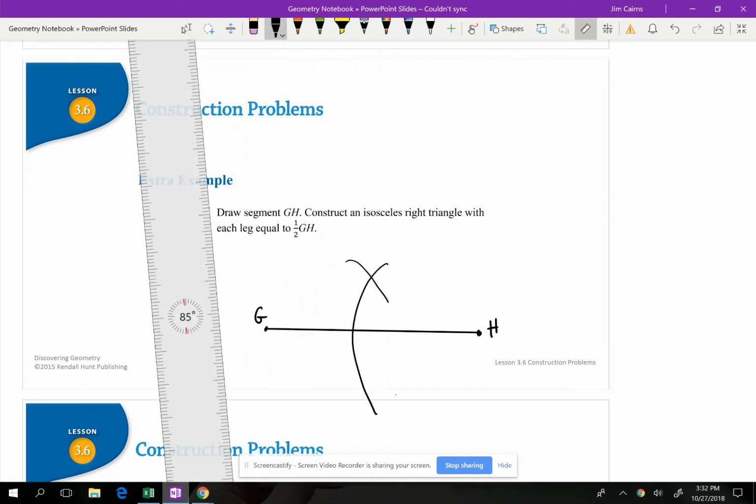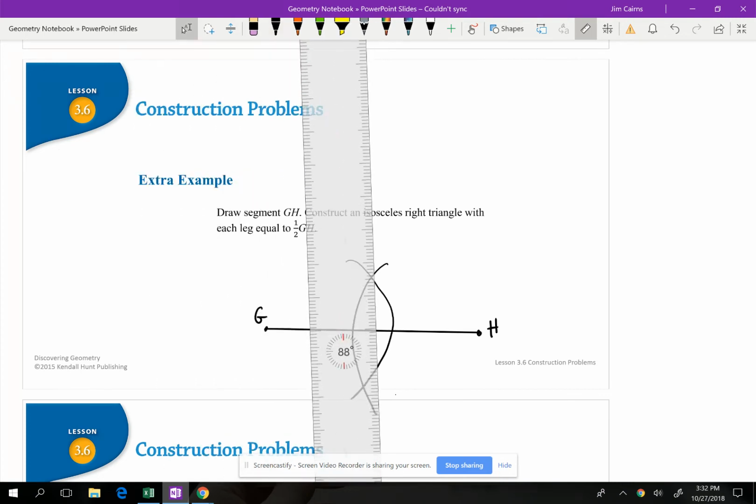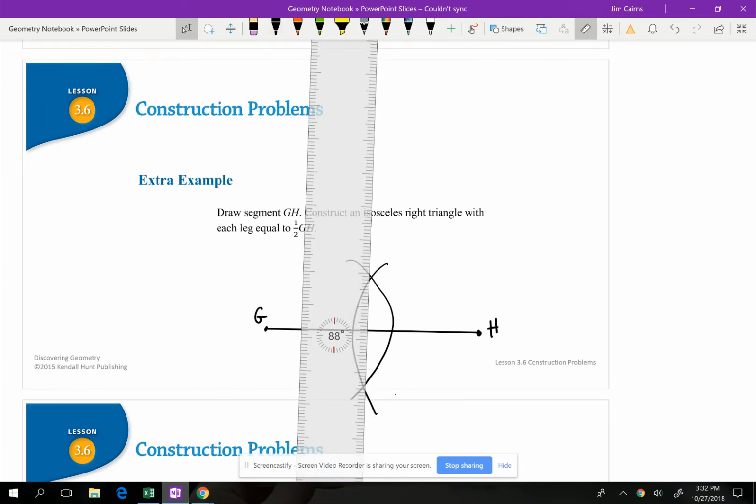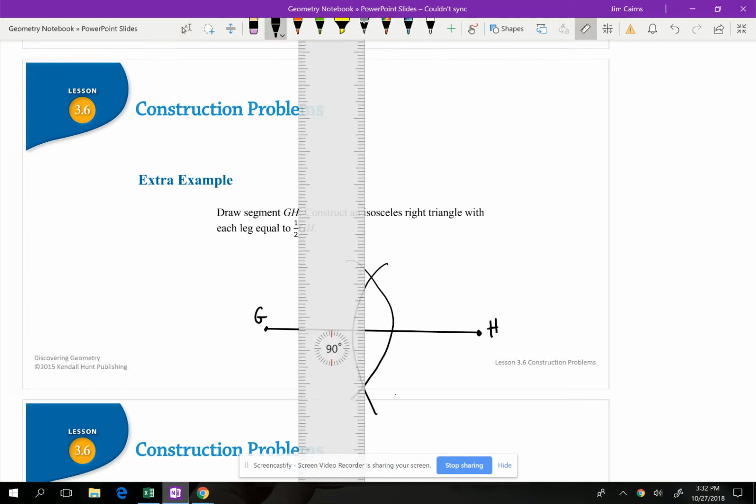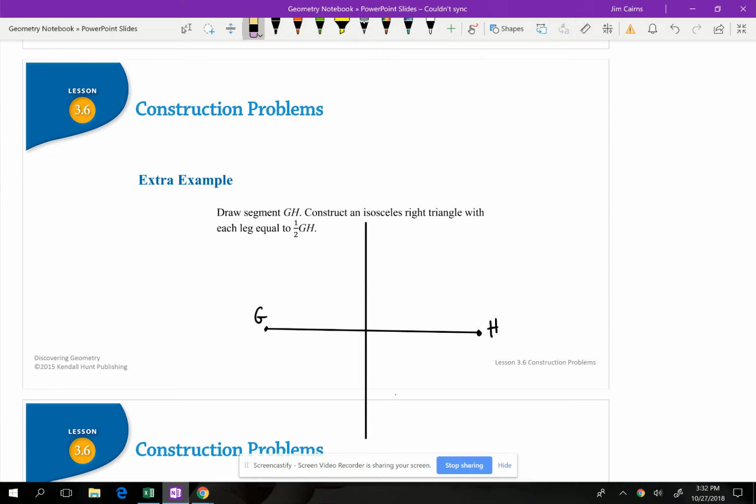I can probably try to do a little bit better job. You connect the points, which should be 90 degrees when you do it. All right, so now you know that the distance from this point to H and G are equal. We'll call this point A. That's a bisector, so AH is 1/2 GH.